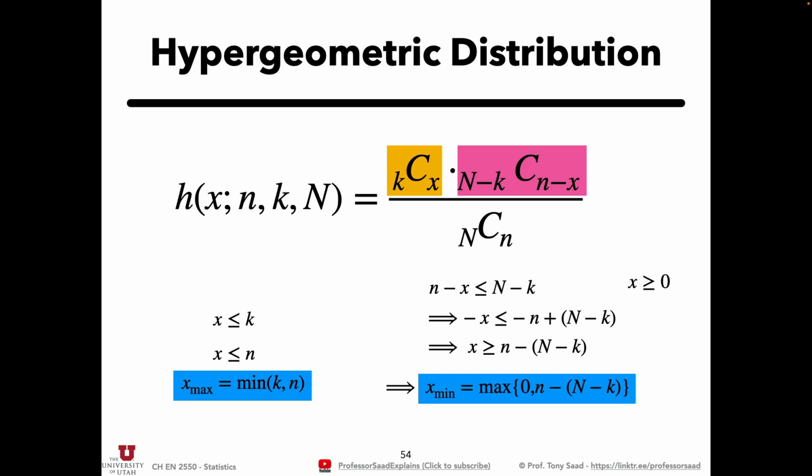Now, on the other hand, if you look at that other formula, n minus x must be less than N minus K. Otherwise, you can't do the combination, okay? So at most, those would be equal. And x must be positive as well. And so if you run the math here, you'll get that the minimum value of x is either 0 or n minus (capital N minus k).